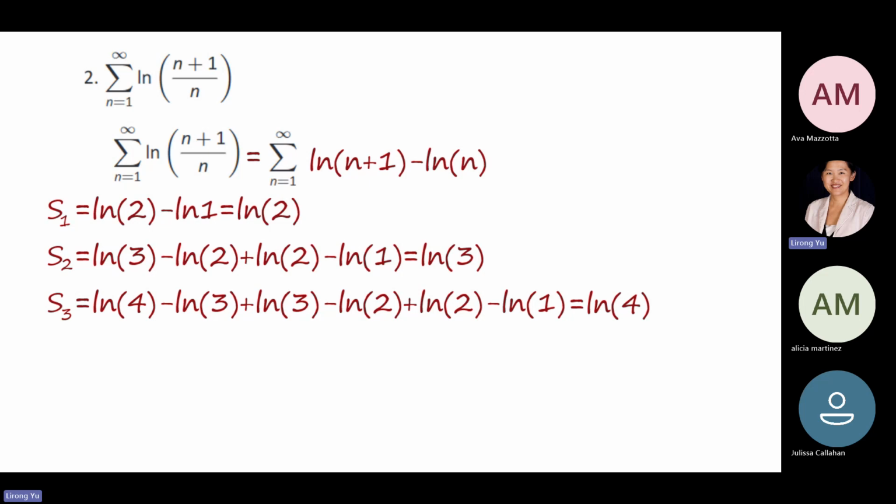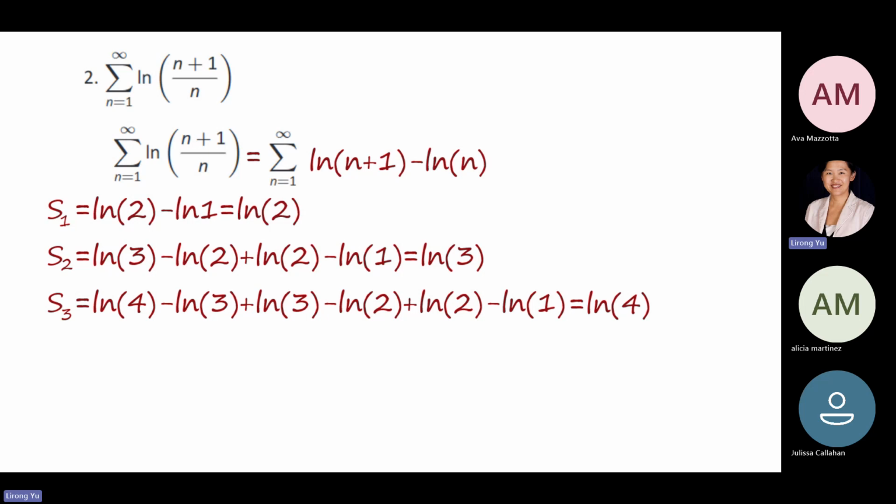All right, my question will be: S of n, what is it equal to? We have S1, S2, S3. What's Sn? Ln n minus ln 1.